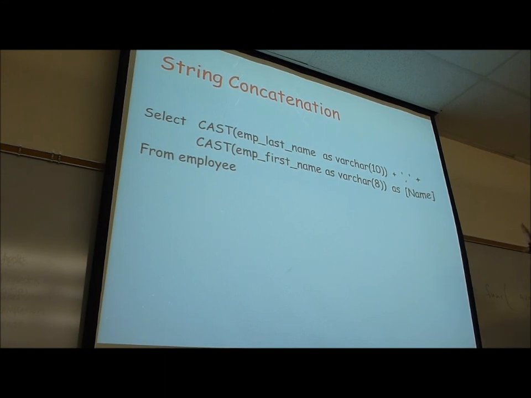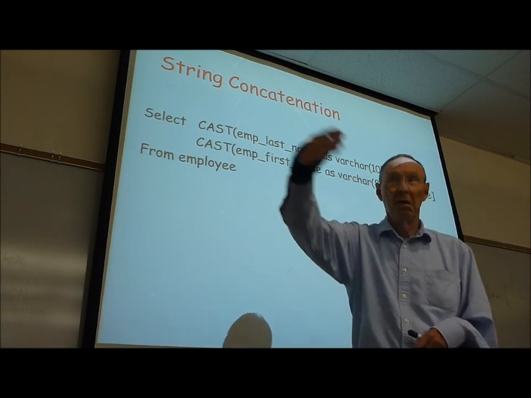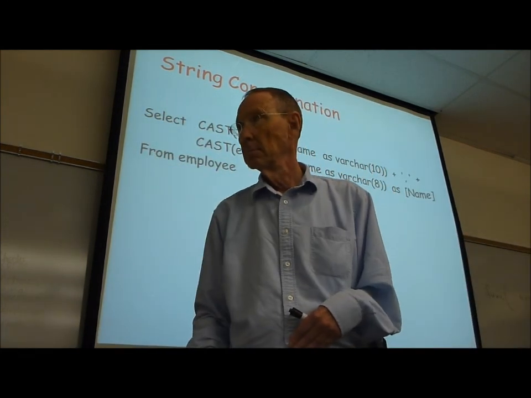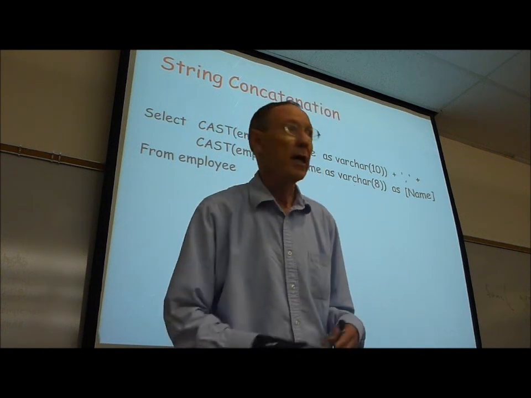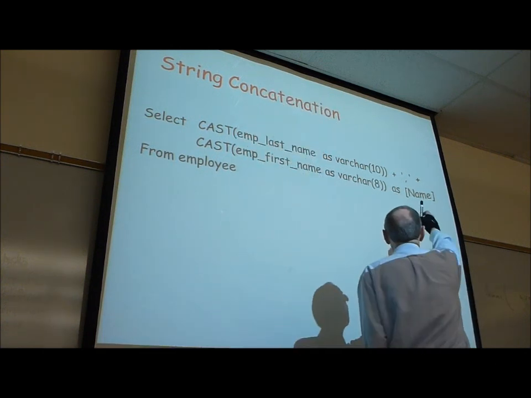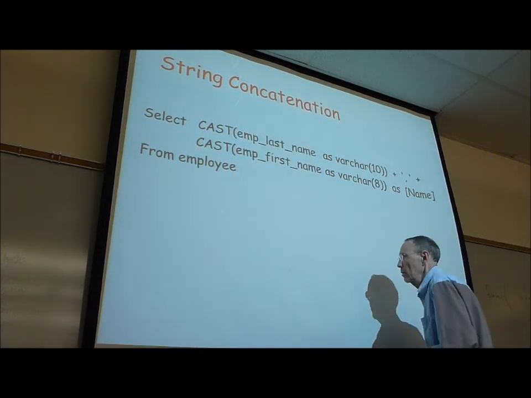Our names are stored in separate columns for last name and first name. I'd like to have a prettier output that says John Smith, rather than Smith and then John in a column. So we can use a string concatenation character, and that's done with a plus.